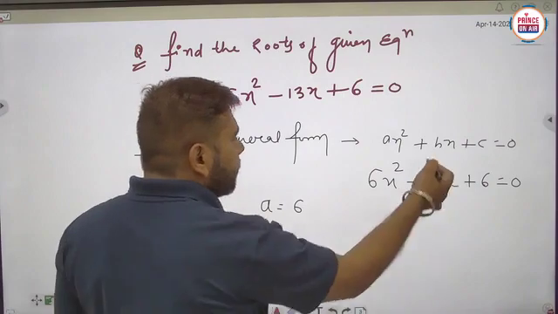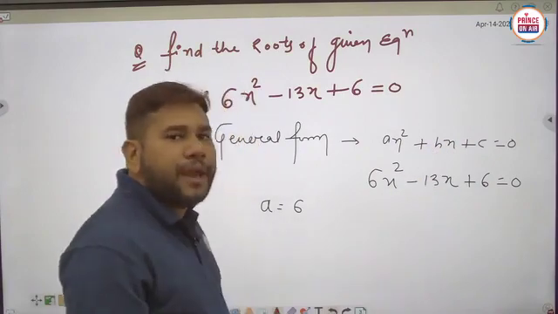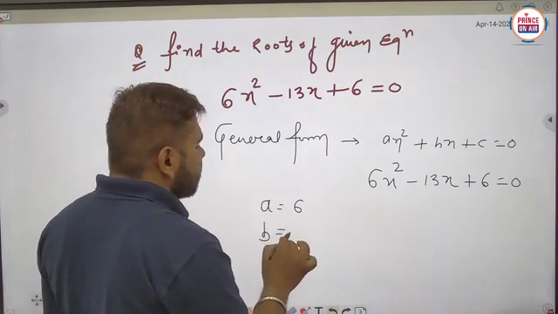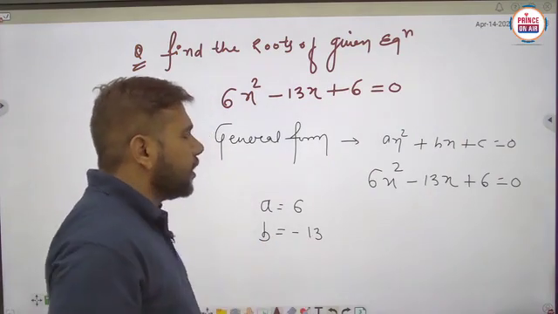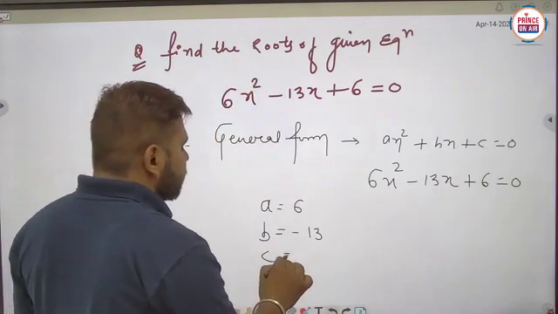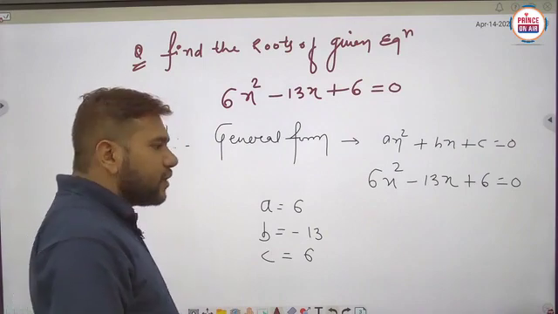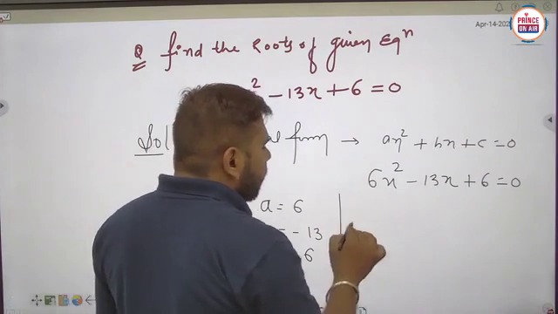Clear, beta? b is the coefficient of x. The value of b is minus 13. Now, what is the value of c? c is equal to 6. Now we can easily find out the root of this equation. What is the formula of root?